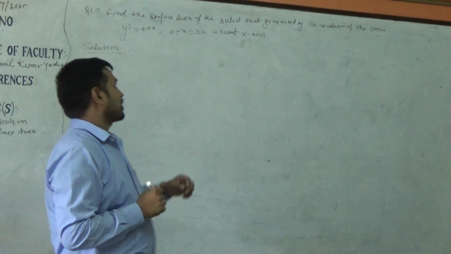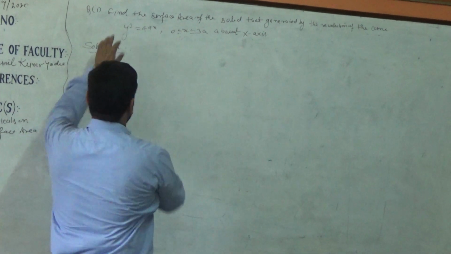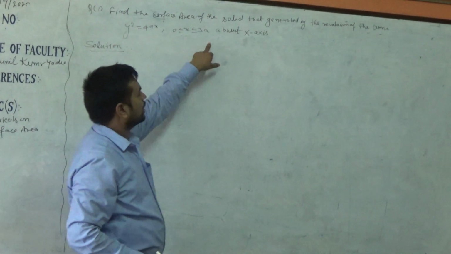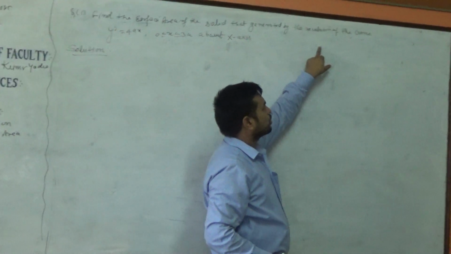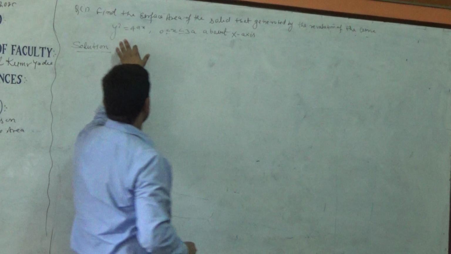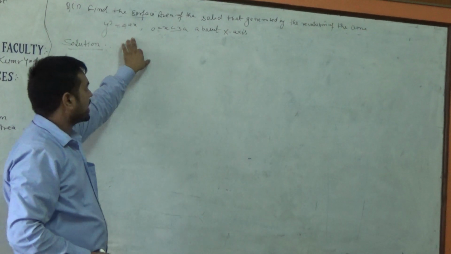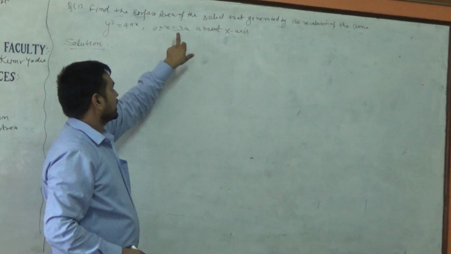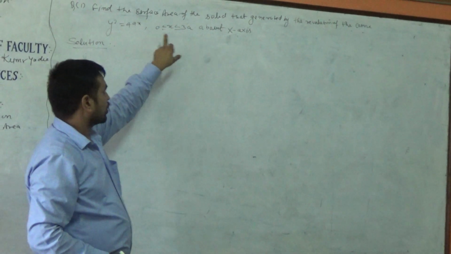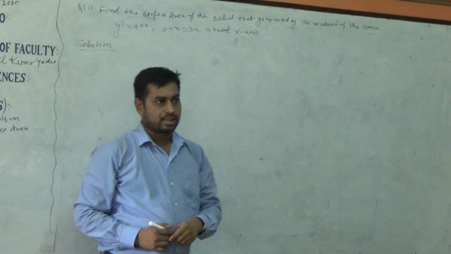Now taking the first problem: find the surface area of the solid generated by the revolution of the curve y square equal to 4ax, for x from 0 to 3a, about the x-axis.